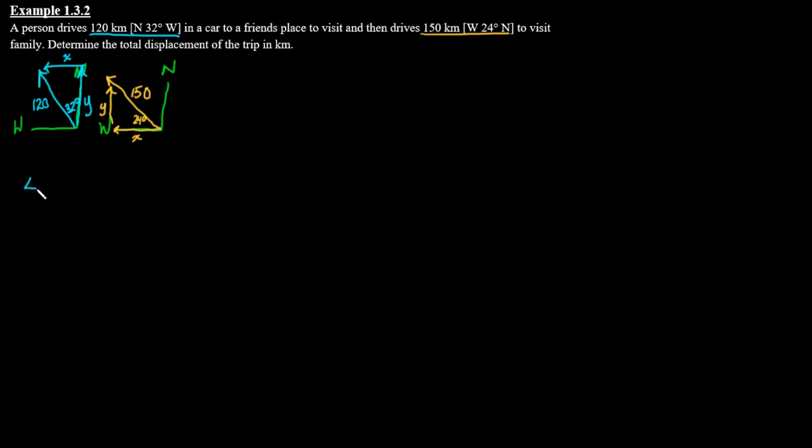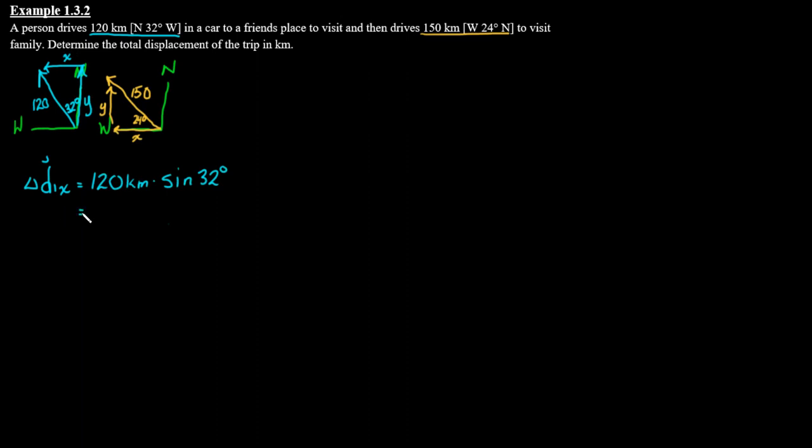So displacement 1 in the x direction is going to equal 120 kilometers times, since we're opposite that angle, the sine of 32 degrees.